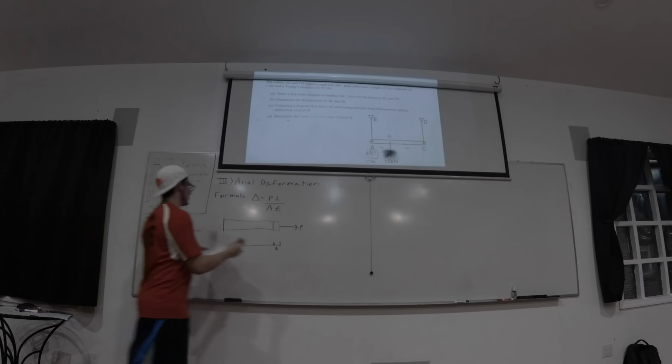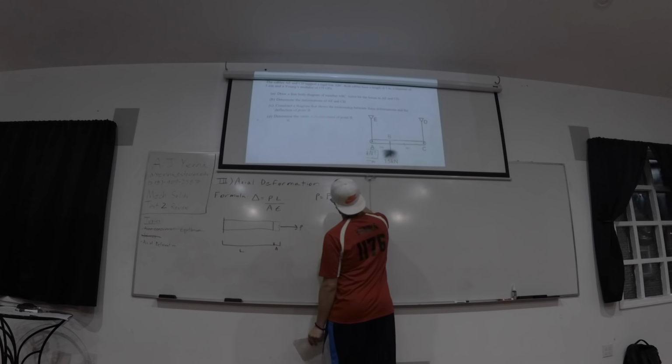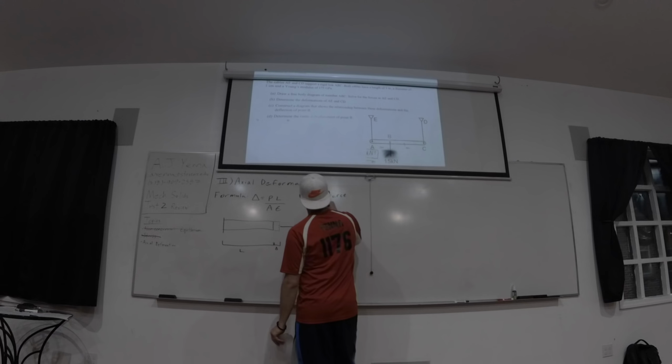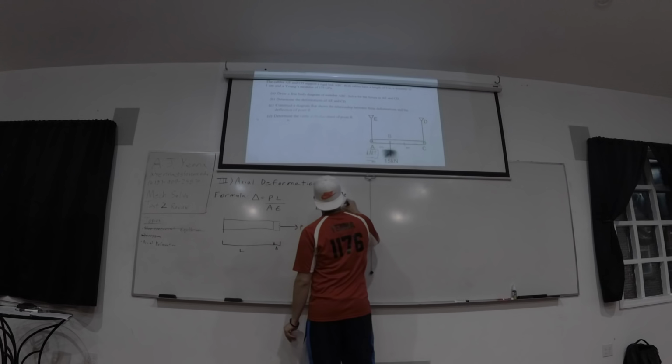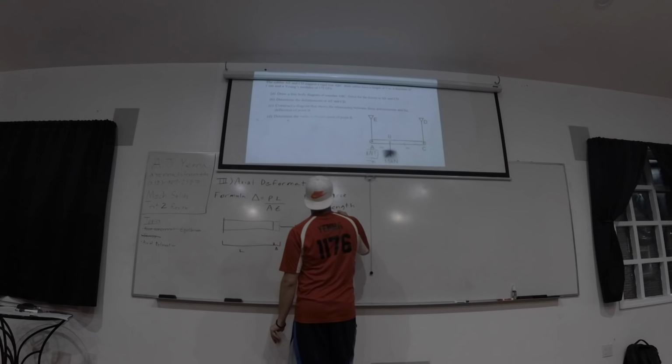So just to reiterate, P is the force in the member. L is the length. A is the cross-sectional area.